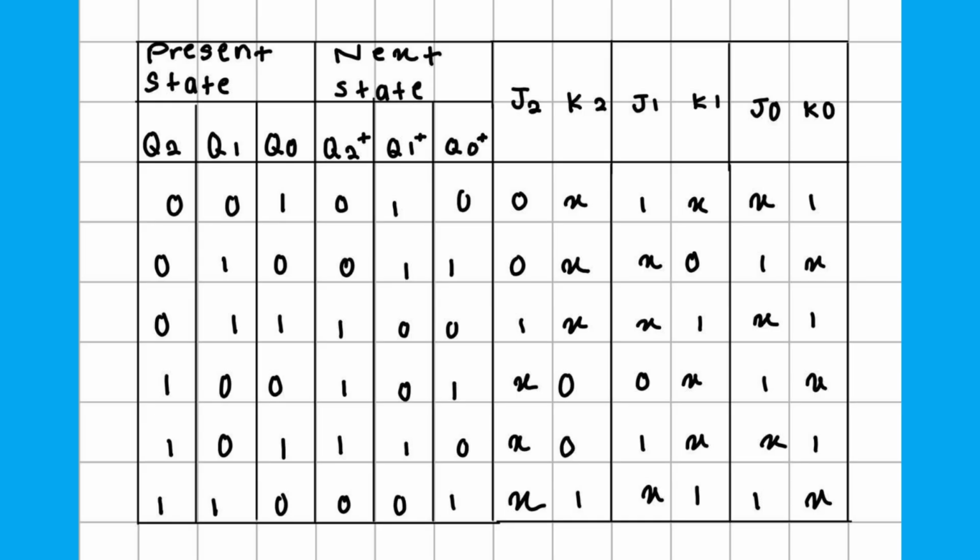And here is the state table. As you can see, the present state from Q2 to Q0, 001, and then the next state is 010, and then that 010 becomes the present state, and the next state is 011, and that 011 goes back to the present state, and then the next state after that is 100, and it will continue until it's reached back 001.